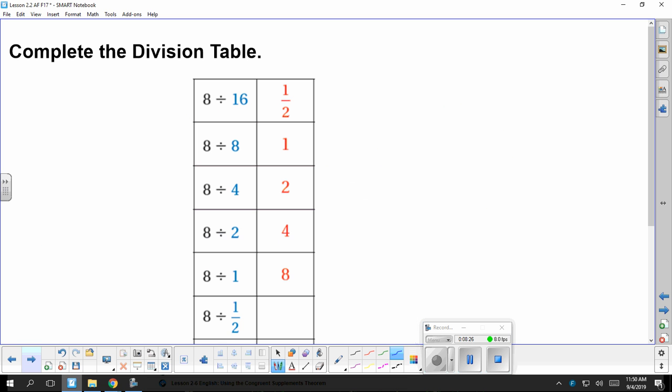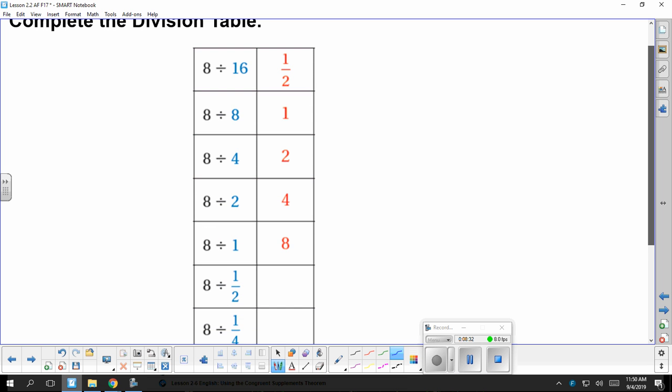Next, let's take a look at this division table. What happens when I have 8 divided by 16? That's 8/16. If I reduce that, I can divide the top and bottom by 8, and I end up with 1/2.